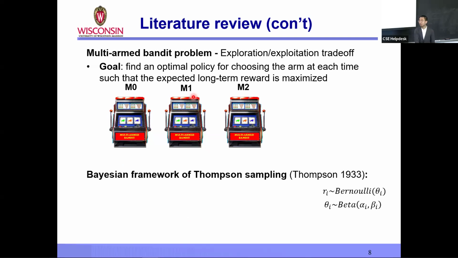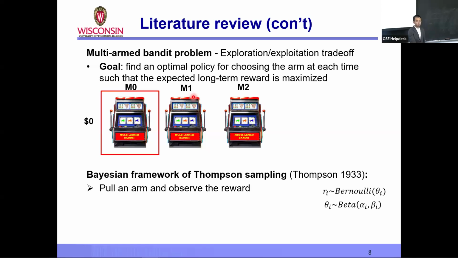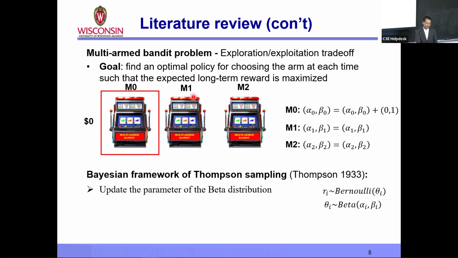So here is a demonstration of how Thompson sampling works. First, we pull the arm of machine 0 and observe the reward. Then we update the parameters of the beta distributions here. You can see the parameters of M0 have been updated. Since M1 and M2 were not pulled, their parameters remain the same.